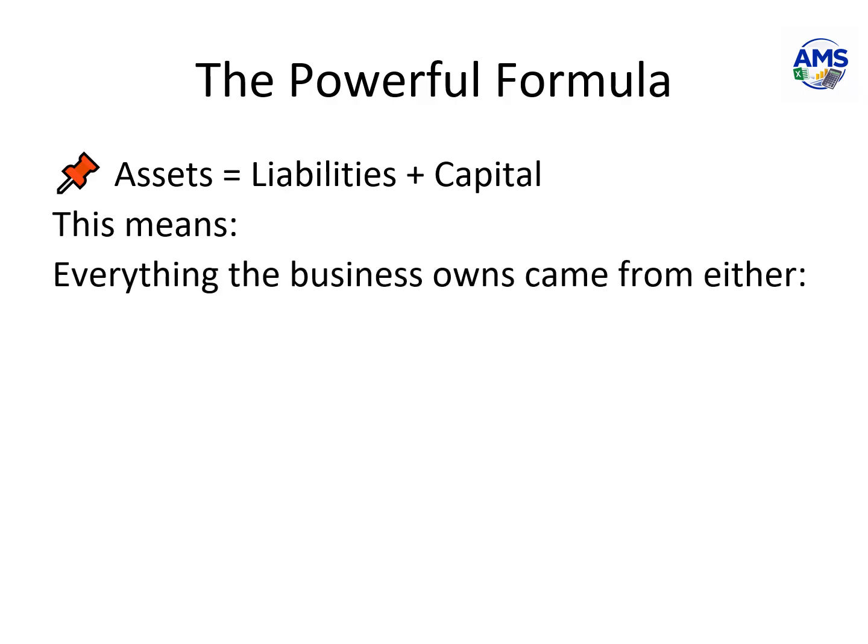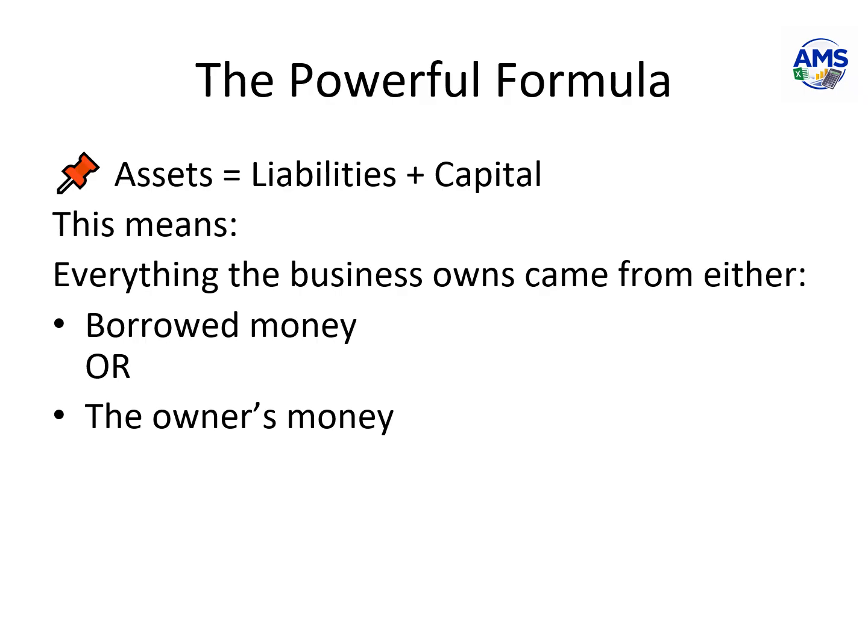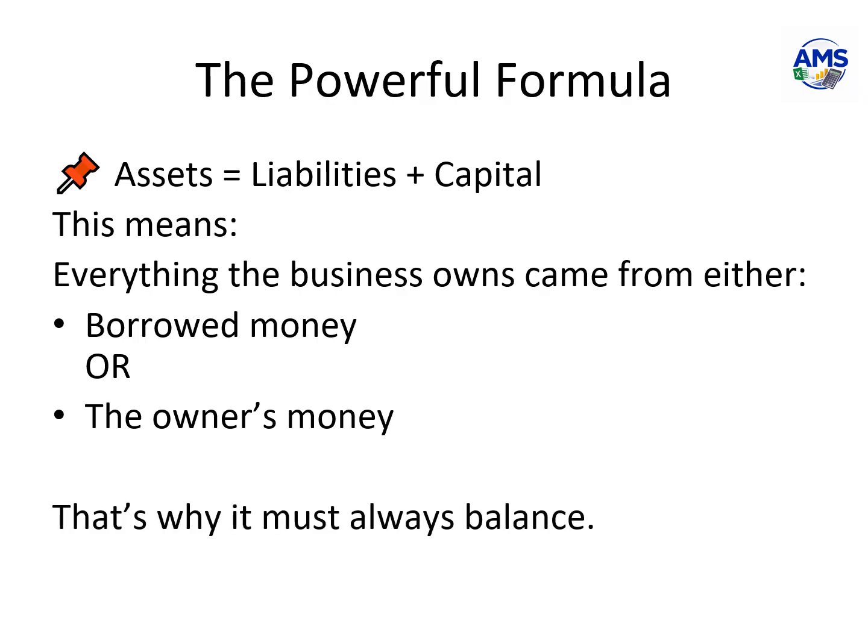This means everything the business owns came from either money borrowed or the owner's money. So money borrowed, which is the liabilities, plus the owner's money, which is the capital, will equal the assets owned by the company. That is why it must always balance.